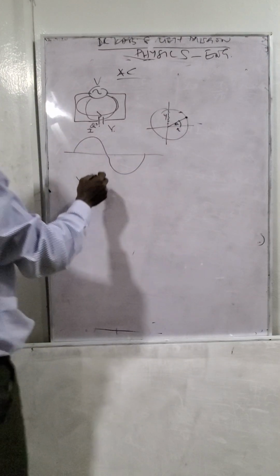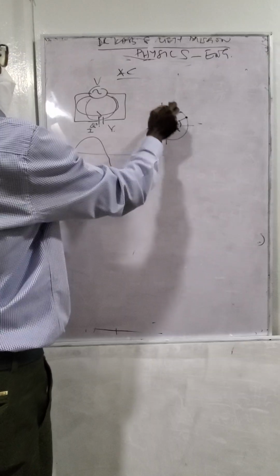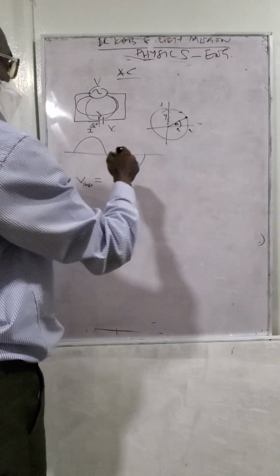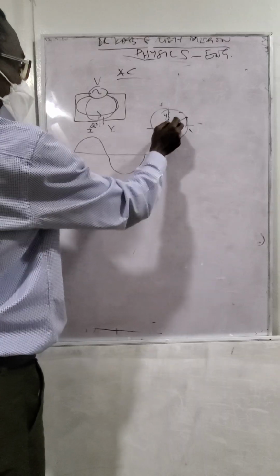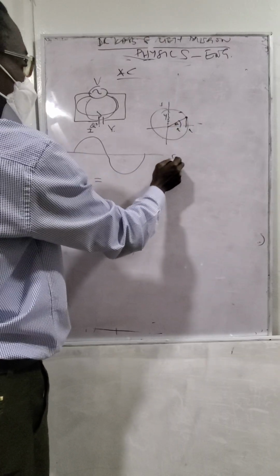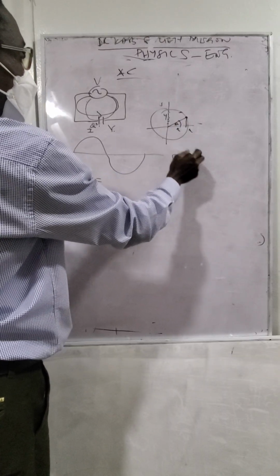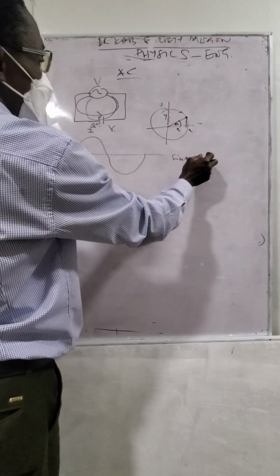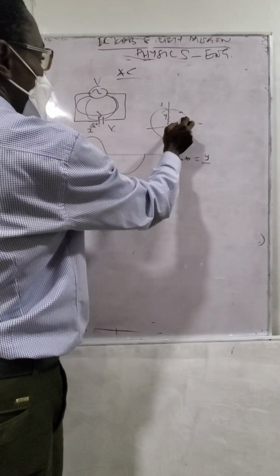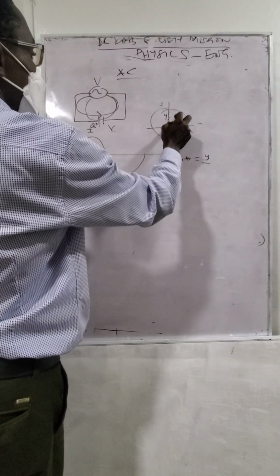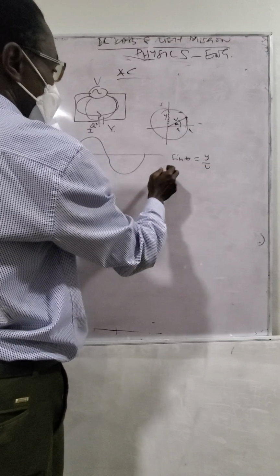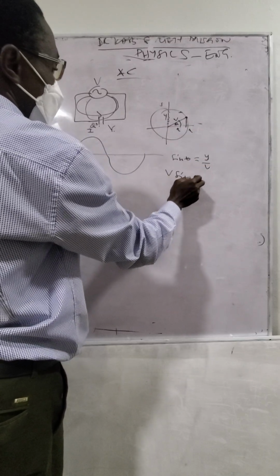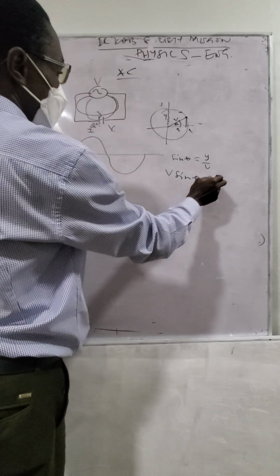We can link this with voltage, we can link voltage against time, and in that case the connection will be sine theta is equal to what? Opposite, which is y, over hypotenuse. Hypotenuse becomes b, so that it is b sine theta is equal to y.